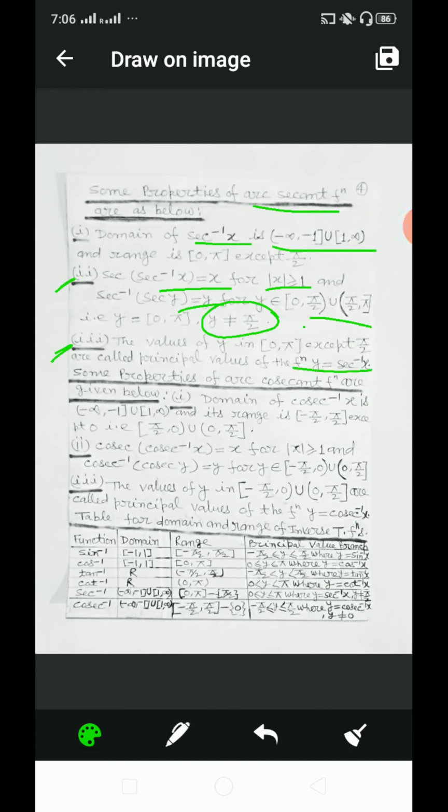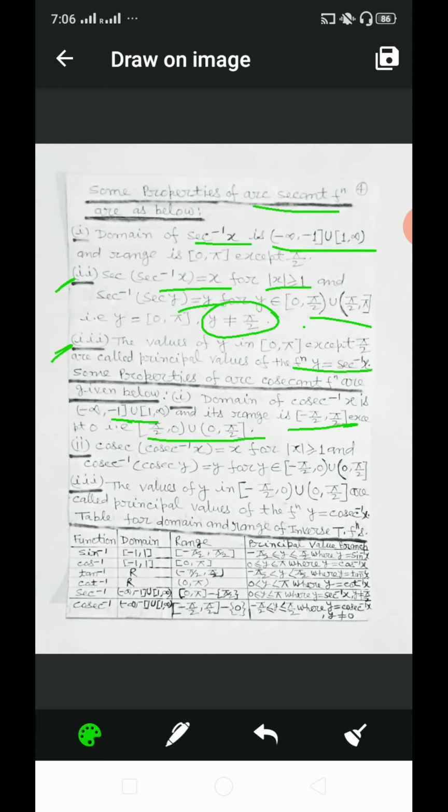Now we discuss the properties of the arc-cosecant function. The domain of cosec inverse x is R minus the open interval minus 1 to 1, that is, the left half open interval minus infinity to minus 1 union the right half open interval 1 to infinity, and its range is the closed interval minus pi by 2 to pi by 2 except 0, that is, the right half open interval minus pi by 2 to 0 union the left half open interval 0 to pi by 2.